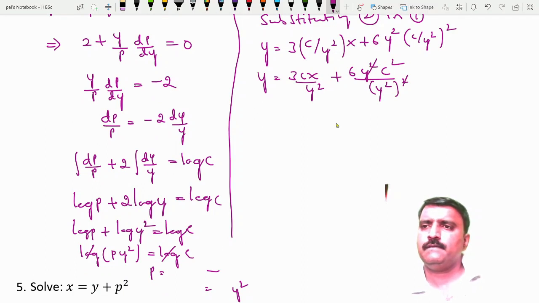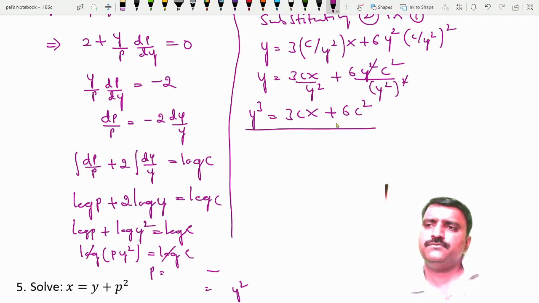Take this y square as the common factor or LCM and bring it to the left hand side. It is y cube is equal to 3cx plus 6c square. That will be the final result. So p is equal to c by y square; take it as equation 2.